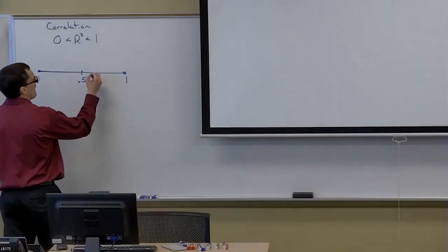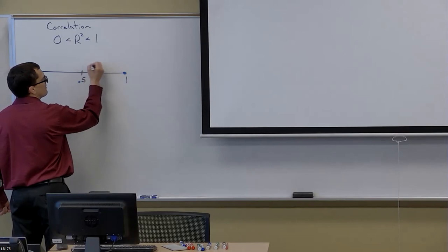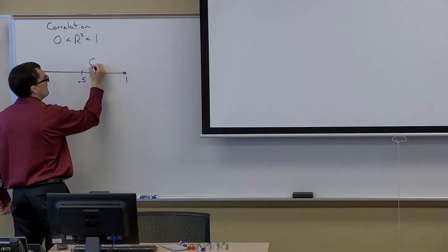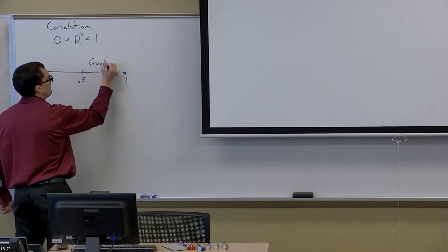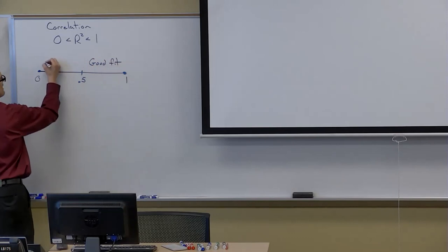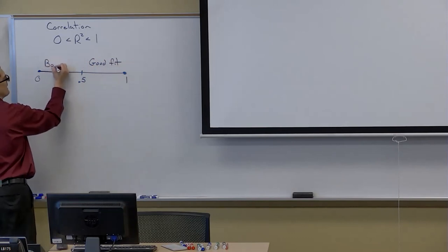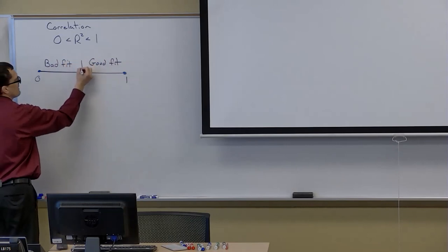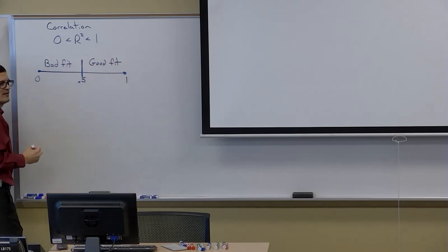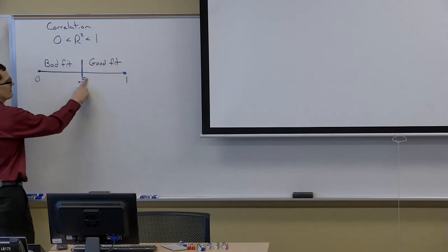In our class, we're going to say anything between 0.5 and 1 is a good fit. And anything between 0 and 0.5, we'll consider that model a bad fit. Everybody right with that?